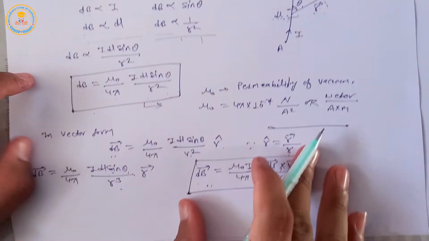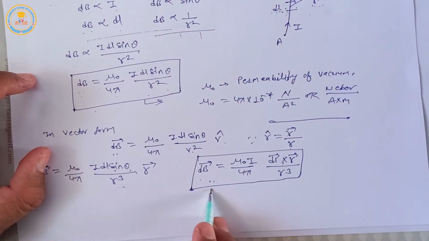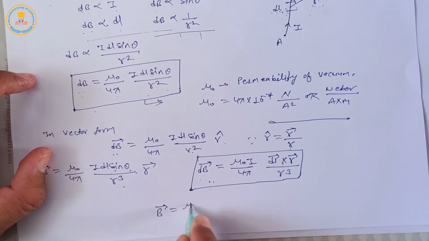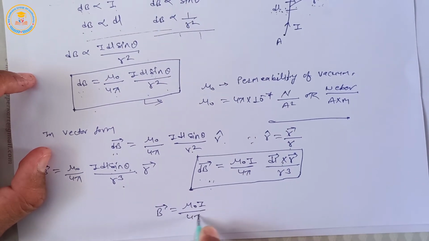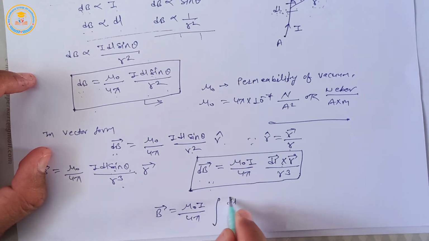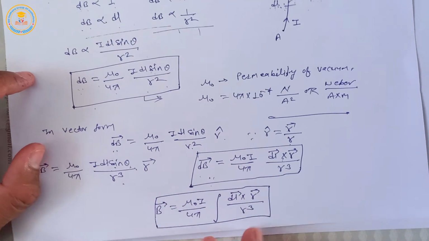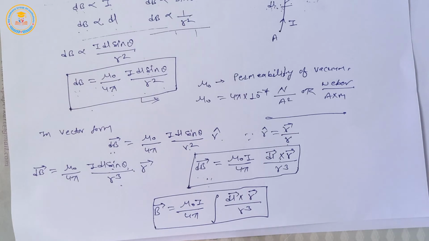In this situation, integrating this equation, we get B vector is equal to mu naught I upon 4 pi, this constant value, integration dl vector cross r vector upon r cube. This is the intensity of the magnetic field due to an entire current carrying wire.